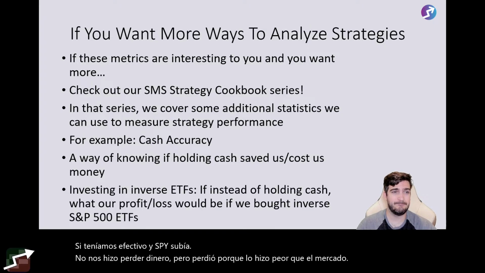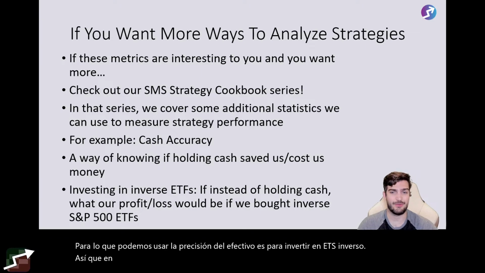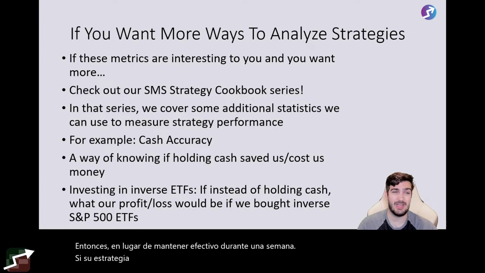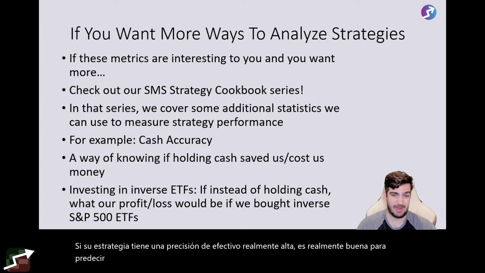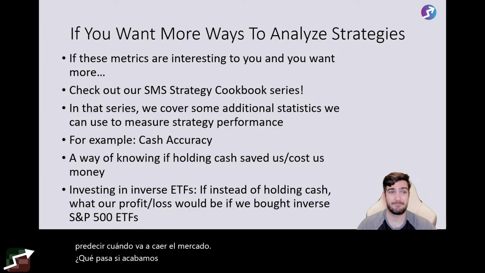The other option that we can use cash accuracy for is looking at investing in inverse ETFs. So, instead of holding cash for a week, if a strategy has a really high cash accuracy, it's really good at predicting when the market is going to go down. What if we just bought an inverse ETF of SPY?